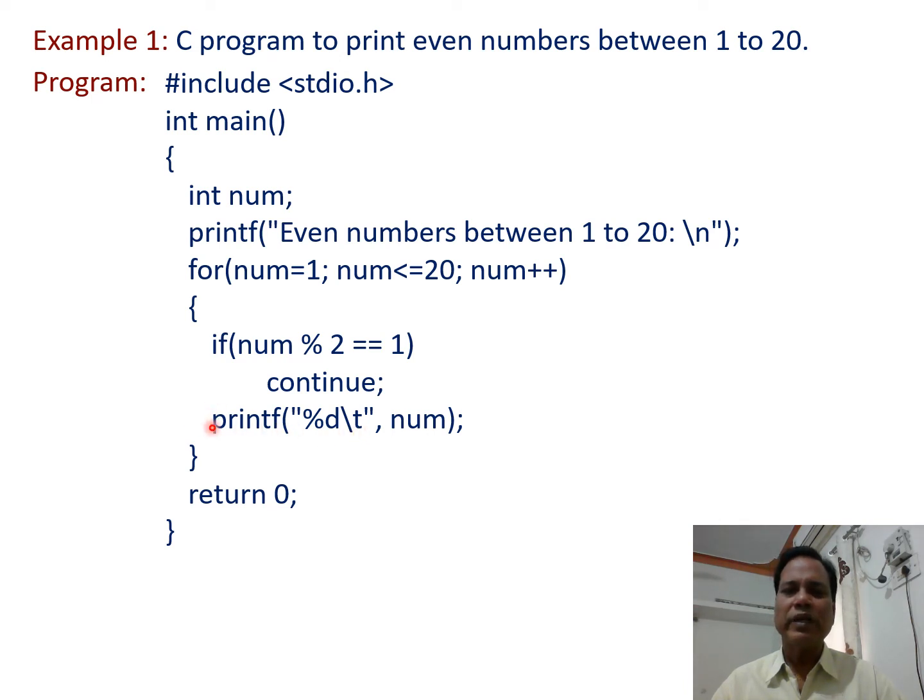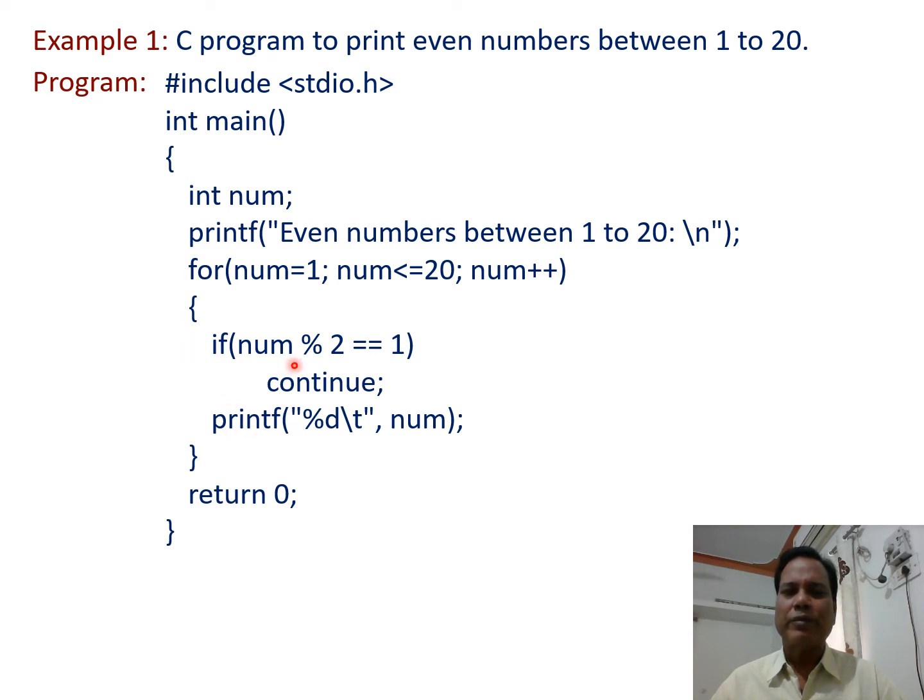After executing the last statement of the body of the for statement, the control variable update is done. That is, the value of num is incremented. This time the value becomes 3. So the condition is tested: 3 is less than or equal to 20. The condition is true. Then the body of the for loop is executed again.